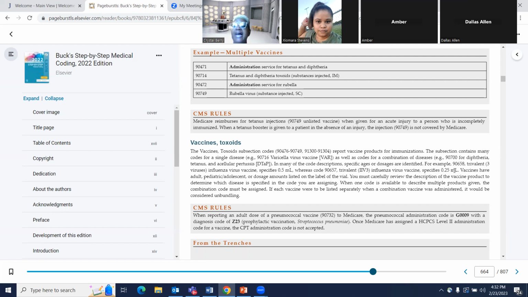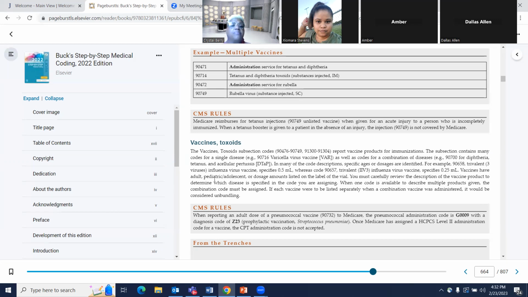For example, 90658, trivalent influenza virus vaccine, specifies 0.5 milliliters, whereas code 90657, trivalent influenza virus vaccine, specifies 0.25 milliliters.